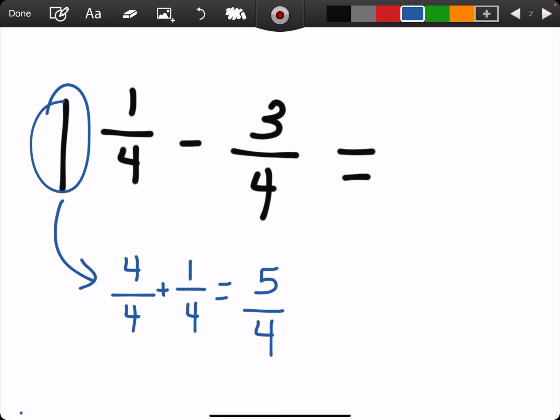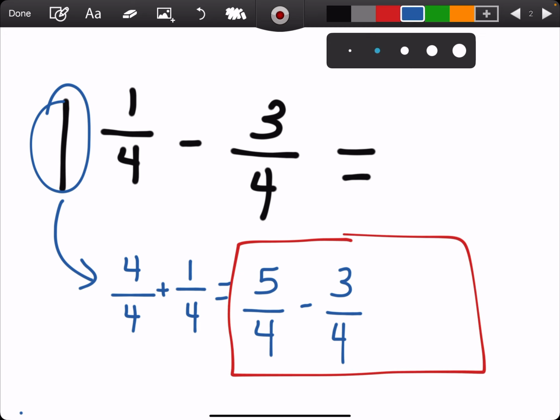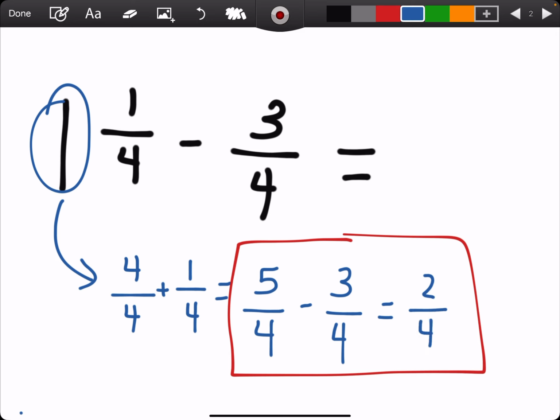So now I have 5/4 minus the 3/4 in that original problem. So the 5/4 minus the 3/4 gives us 2/4. We're just subtracting straight across here because I can subtract 5 minus 3 equals 2, and my denominators stay the same, okay? You do not subtract your denominators when you have them in a fraction.